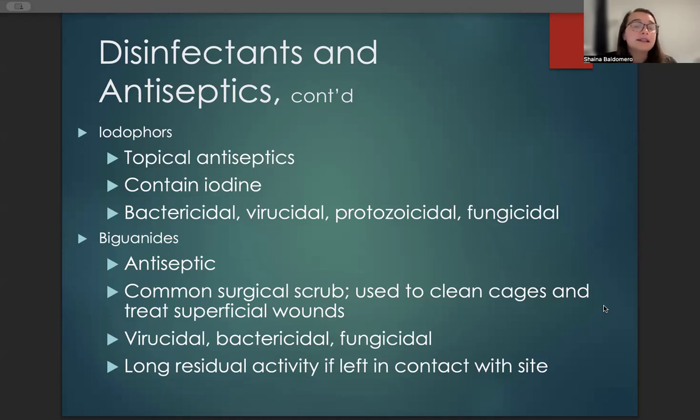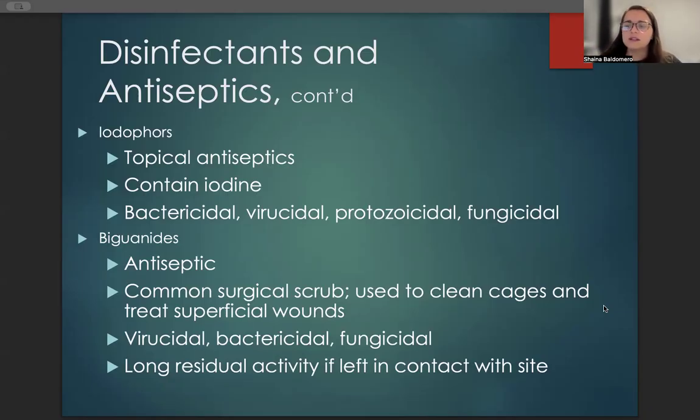There's also biguanides. These are also antiseptics, more common surgical scrubs. They do have a long residual activity if left in contact with the site. We most commonly use these as surgical scrubs, usually to treat superficial wounds, or we're scrubbing the area before the doctor does an incision for a surgery.